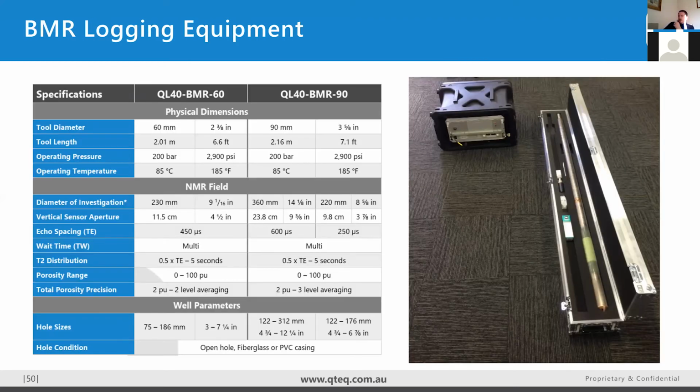So hopefully that gave you enough information of some examples that we've been involved in over the last 4 or 5 years. The tool is just a shiny metal cylinder, and we've got a couple of different models depending on borehole size and things like that, and we have to choose the correct tool required.